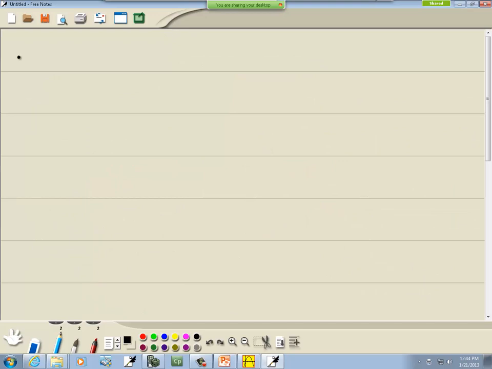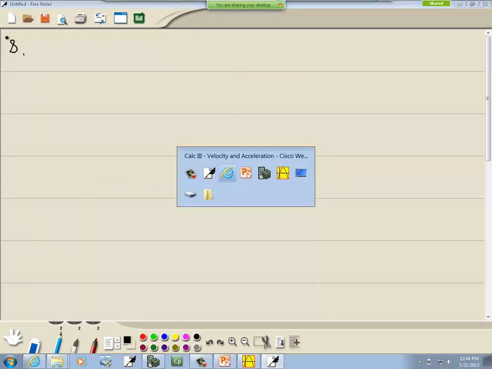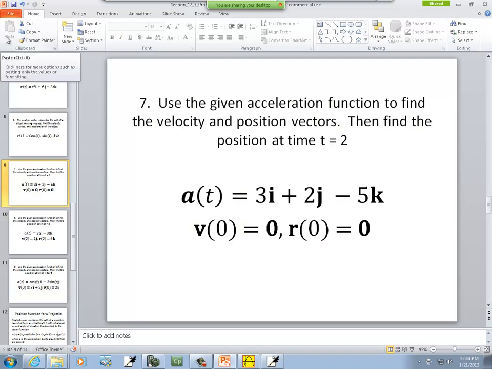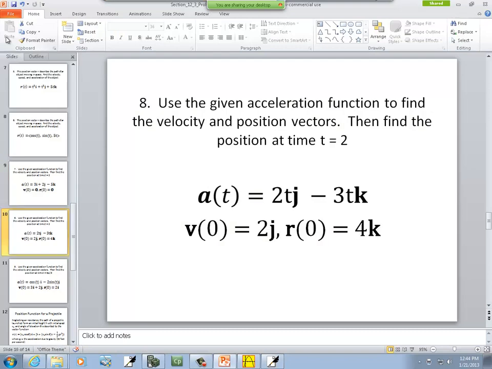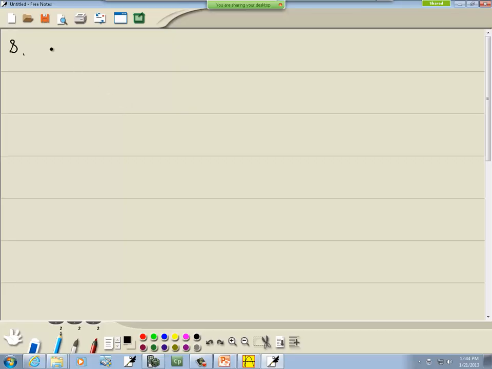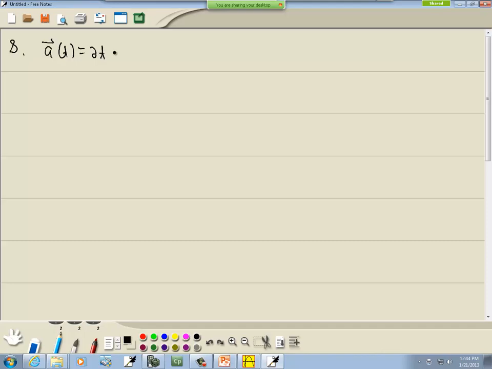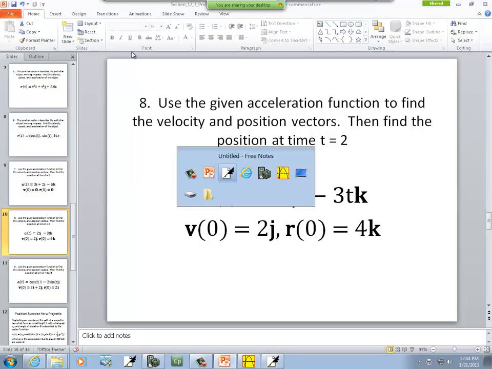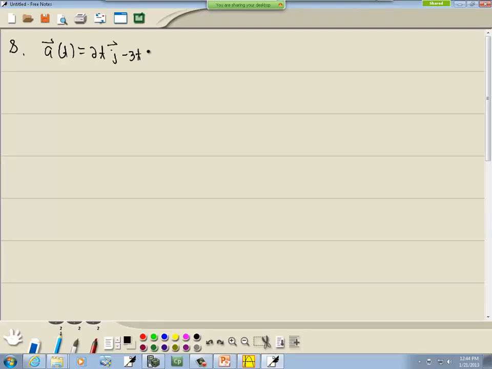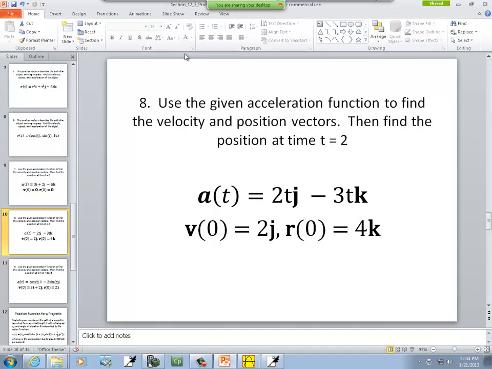Let's look at number 8. Okay, so it gives us our acceleration vector is equal to 2tj minus 3tk, and it gives us initial conditions.